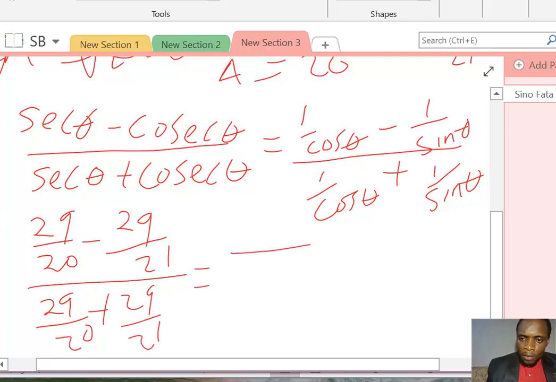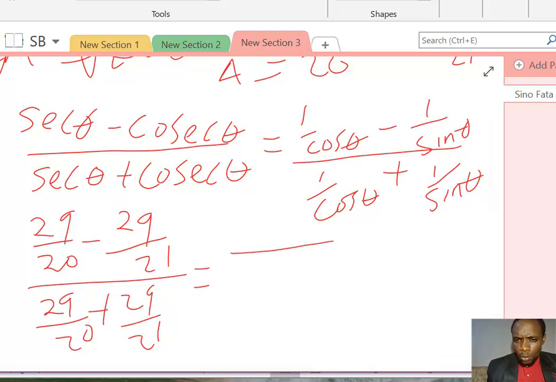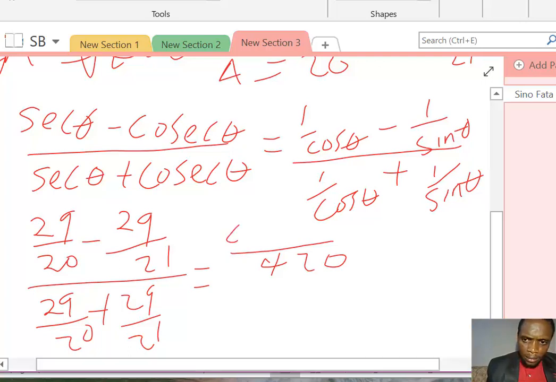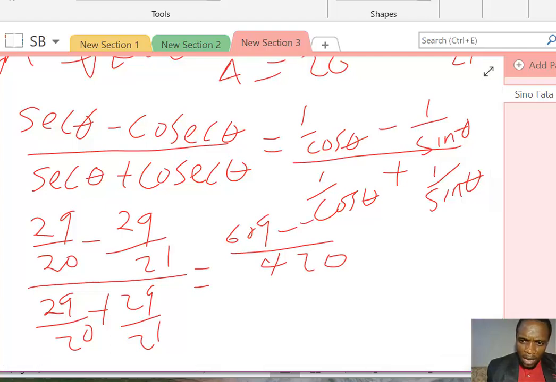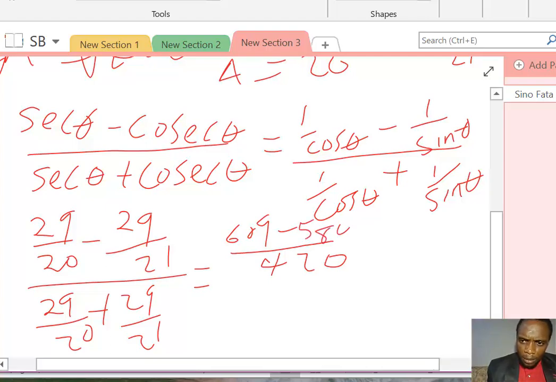So if you find the LCM of this, the LCM should be 20 times 21, that is 420. So 20 in 420 gives us 21 times 29. That should be 609. Punch your calculator. 609 minus this 20 times 29, that is 580.